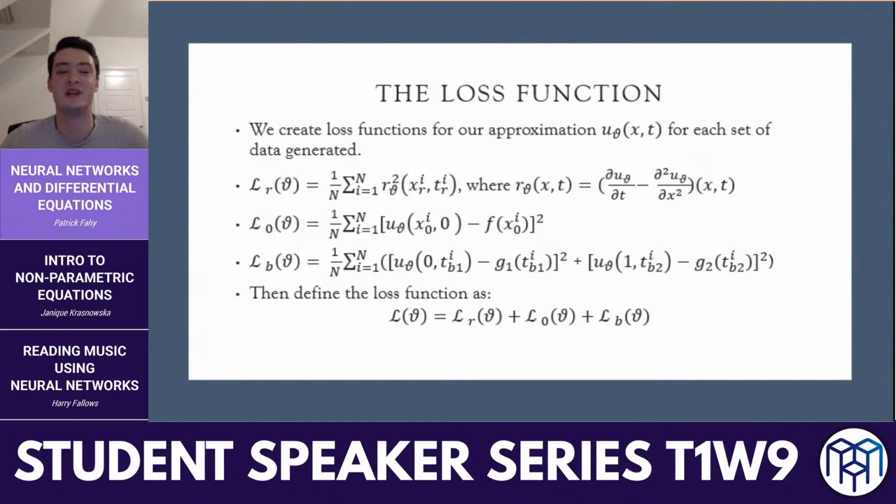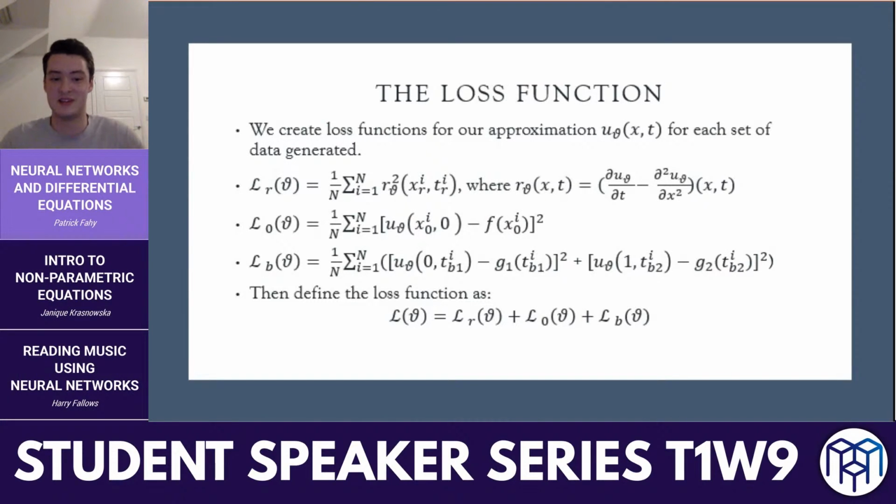So this is where it really gets tricky with a lot of applications of neural networks. You'll just have a simple loss function, which, for example, can take the mean square error of the predictions of your neural network. But with this, we have different components. We have our PDE that we need to worry about, and we have the initial and boundary conditions. So the first loss function you can see, I've defined basically the error in the PDE, and that's off of the main domain data that we created in the last slide.